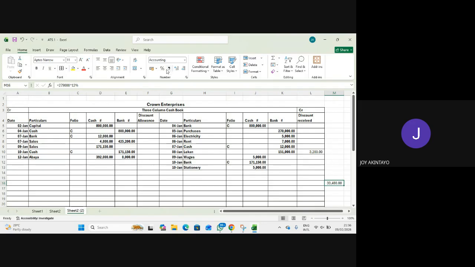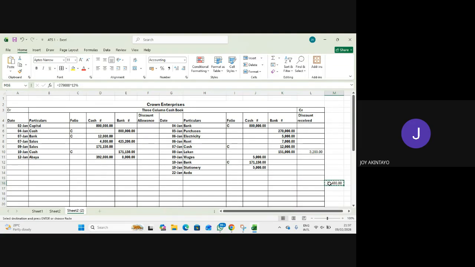So we come here, we say January 2022. We have Audi. How did we pay you? We paid him by check, which will be under bank. We put this one first.